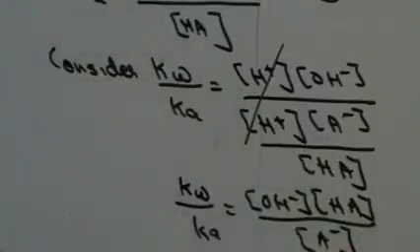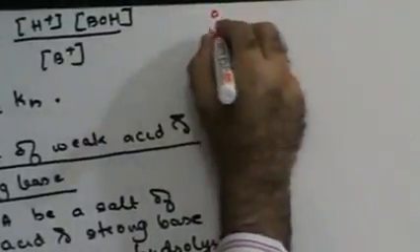But this is nothing but your KH, so therefore I can say that Kw upon Ka is equal to KH. That is your relationship between hydrolysis constant, ionic product of water, and dissociation constant of acid for a salt of weak acid and strong base.